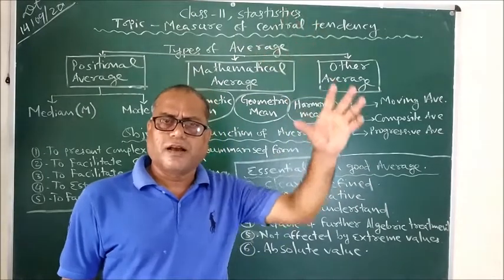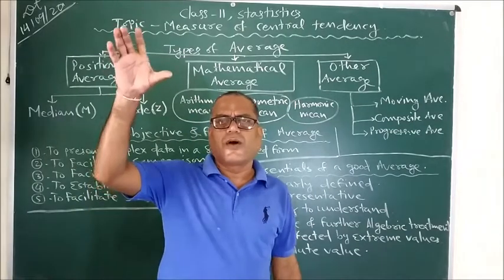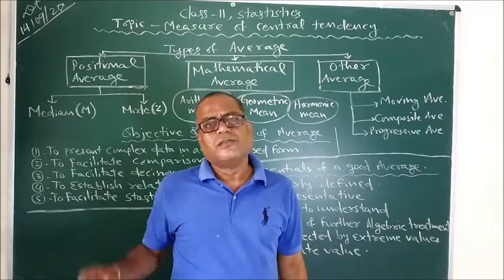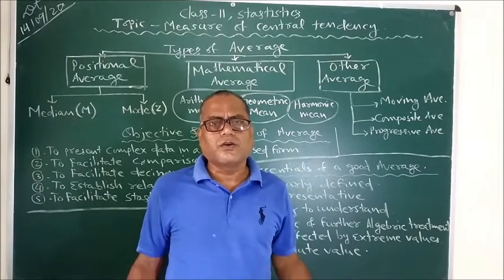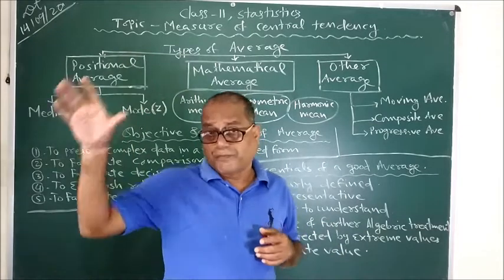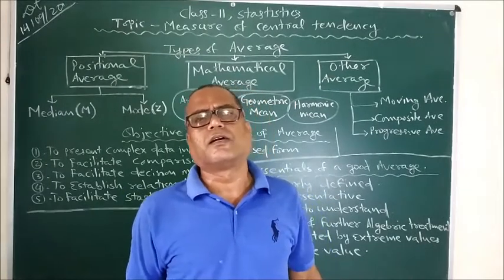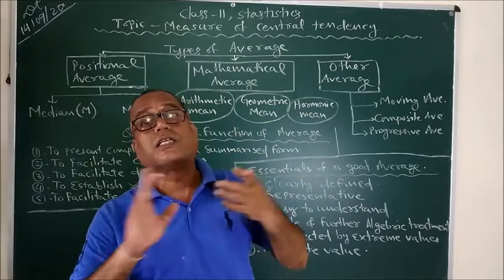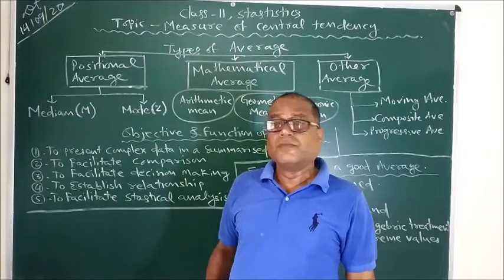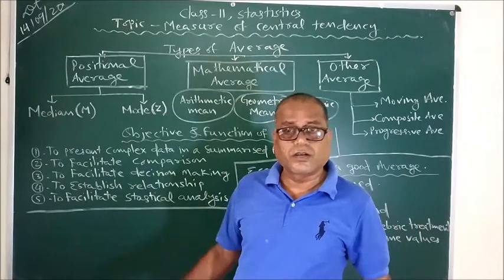And we can find the average of the price that we have collected, and we can find the average of quantity demanded of a commodity that we have collected, and in that way we can establish whether the price of a commodity and the quantity demanded of a commodity are related to each other or not. In this way, the average facilitates what? Comparison between different units of different concepts.